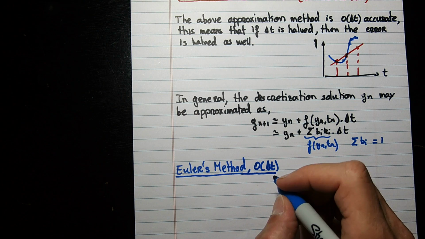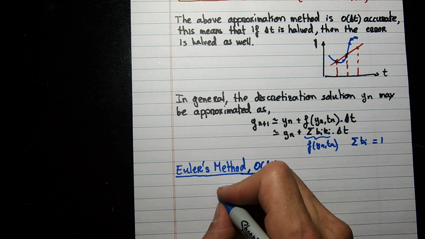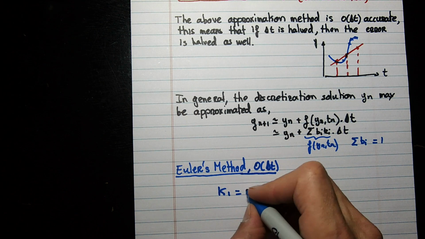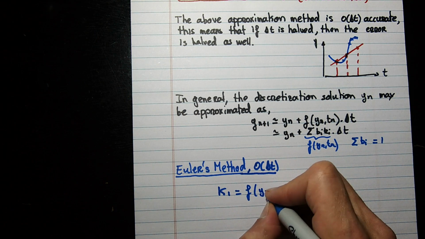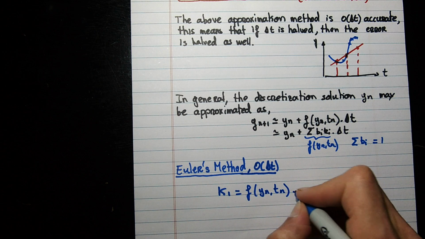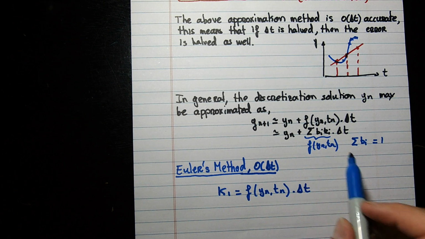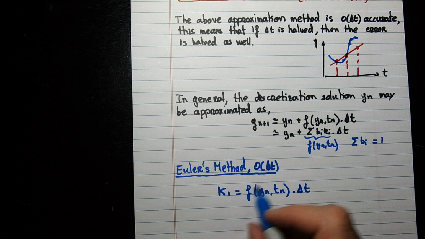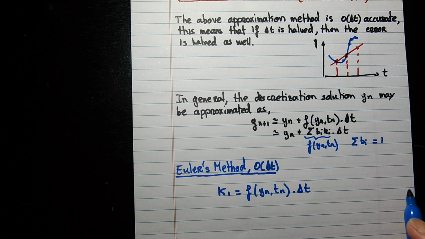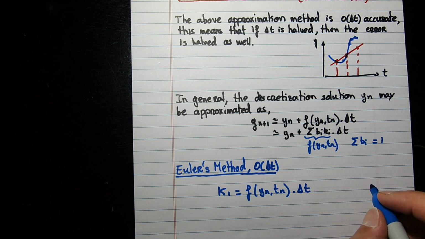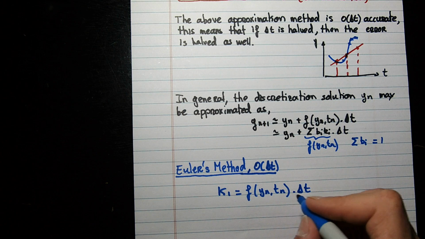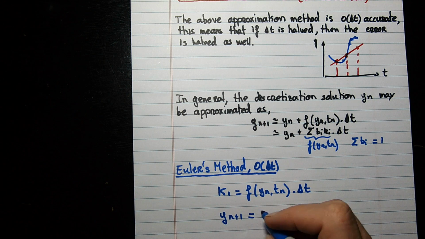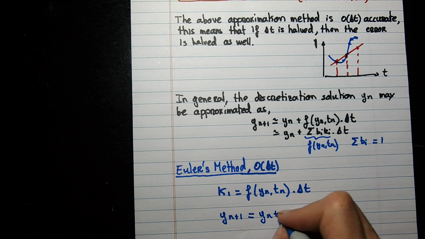Here we have an approximation where k1 is equal to f of y of n, t n, delta t. So in that case you have k1 equal to this, b sub i equal to 1 directly, so that you have y n plus 1 is equal to y of n plus k1.